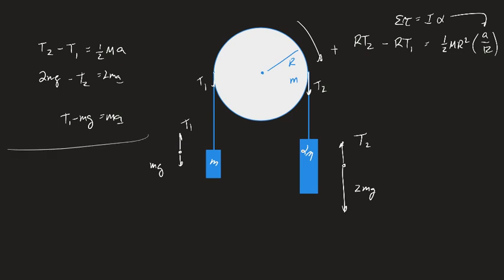Add them all up, and I will get, actually, I'm just going to collect the ma's: 1/2 plus 2 plus 1, all times ma. On the left side, the tensions all cancel, and I get 2mg minus mg.